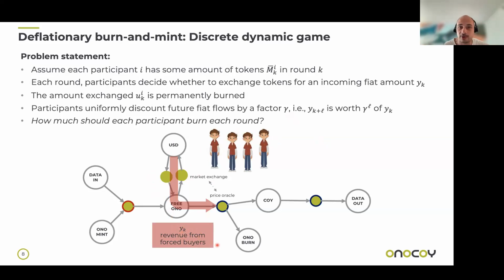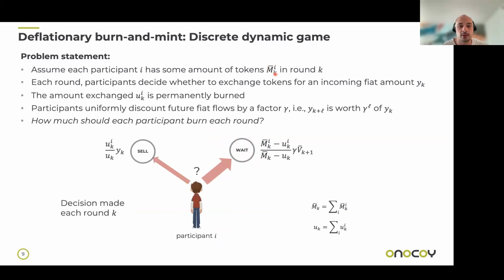And this game goes on and on and on forever. And in this game, you have just this amount of tokens, and you're always drawing down. You are never going to get new tokens, no minting. It just goes down. And this is really the sub game that is being played every round.